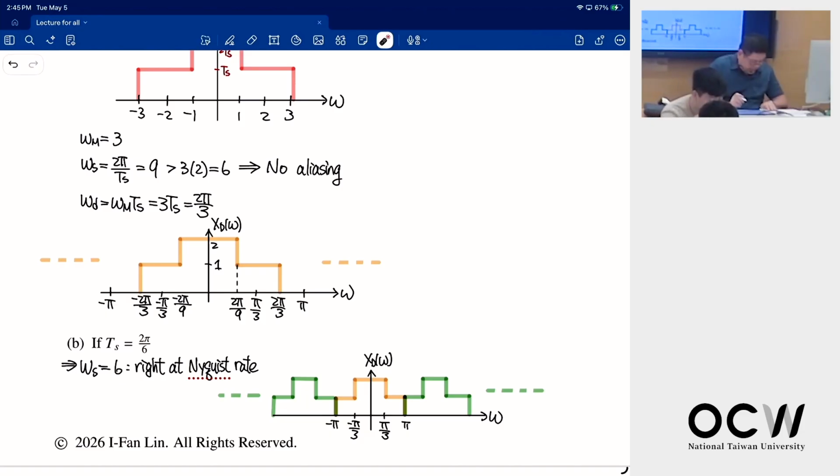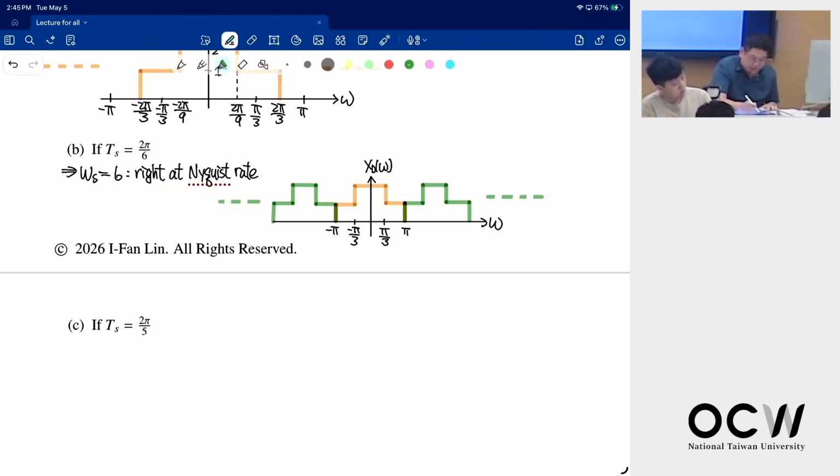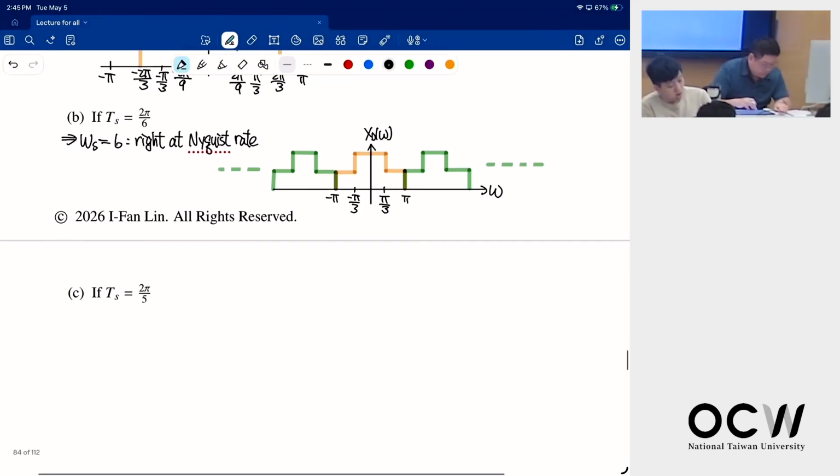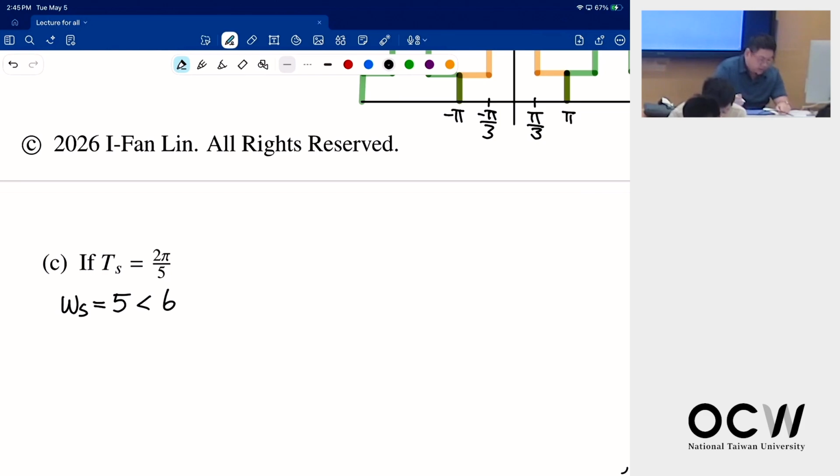All right, next one, 2π over 5. What is the sampling rate? Omega s is 5. Now it is less than the Nyquist rate. So we have aliasing.